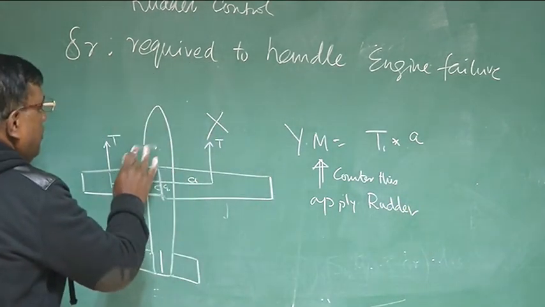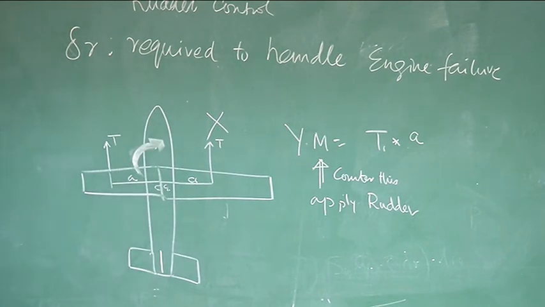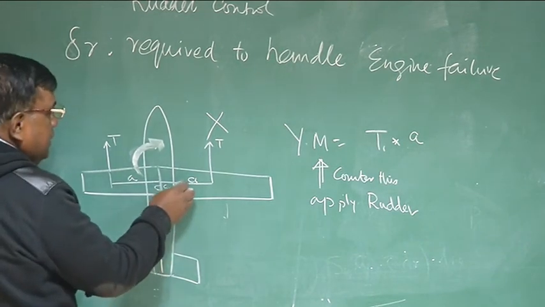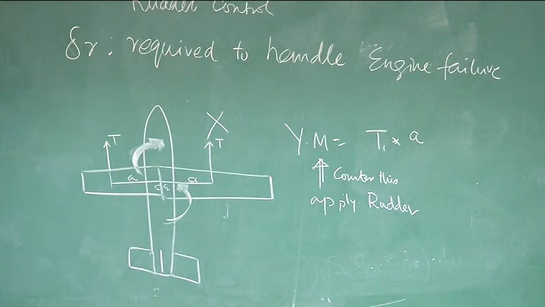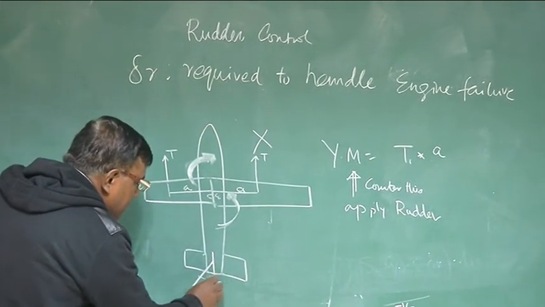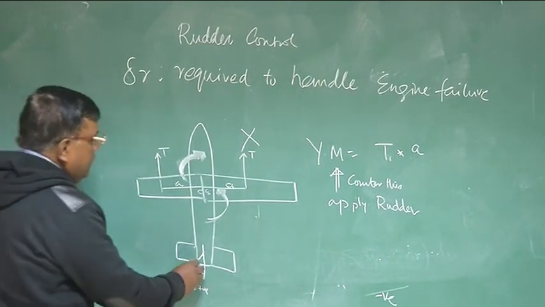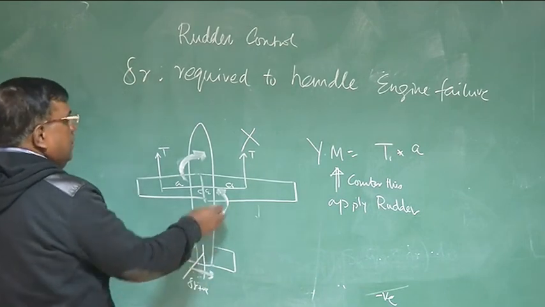So this is giving a moment in this direction, and I want a moment in the opposite direction like this. So how can I get that moment? I get the moment if I deflect the rudder in a positive sense. Delta R positive. The moment delta is positive, I know this force will give this moment.